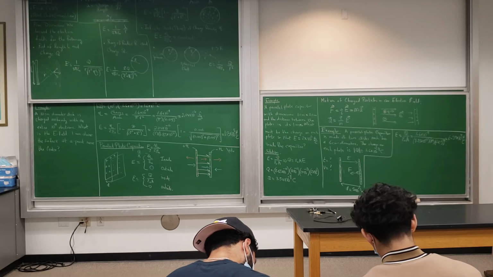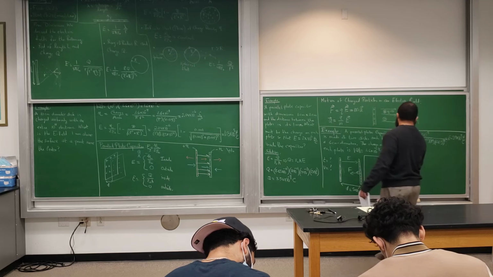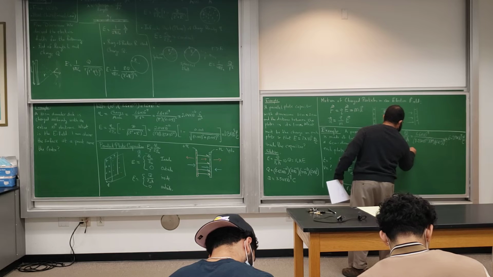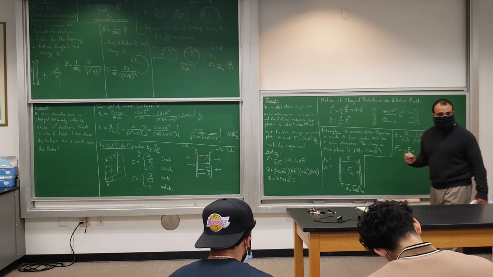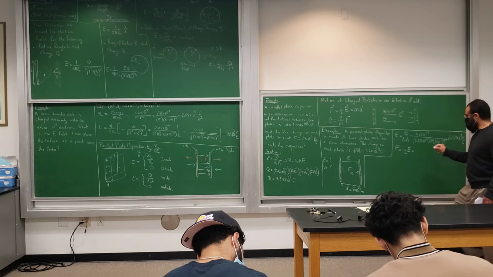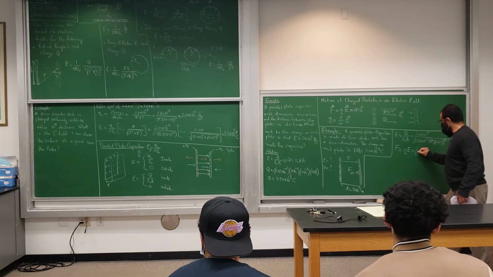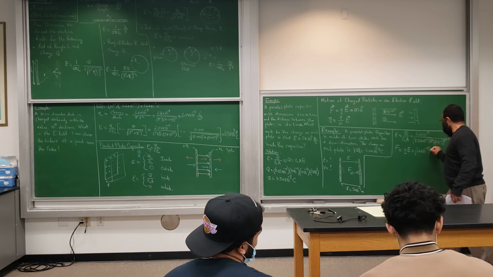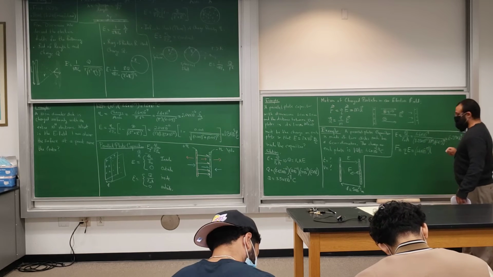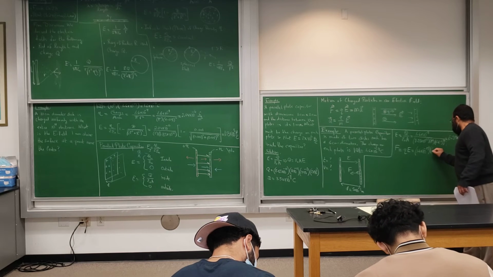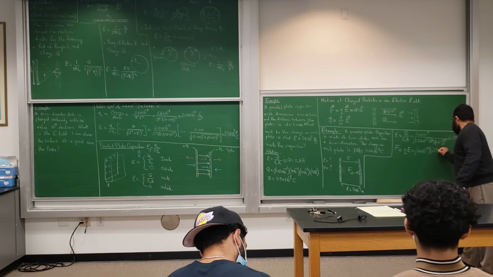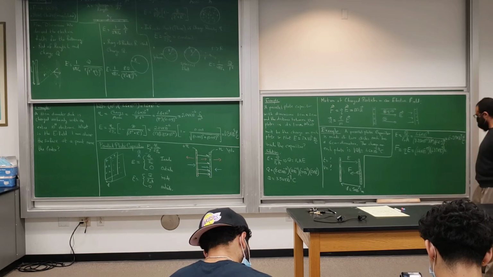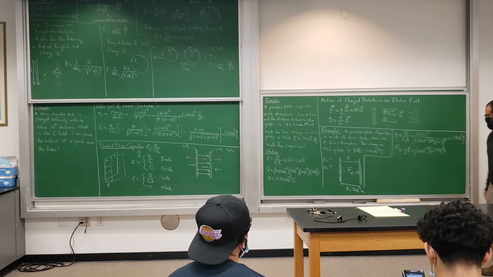Now, the magnitude of the force would be just Q times the electric field. Again, magnitude. What's the magnitude of the charge of an electron? 1.6 times 10 to the negative 19. Good, we're getting familiar with those numbers. And this one is 6.39 times 10 to the 5th. Let's please get the force.